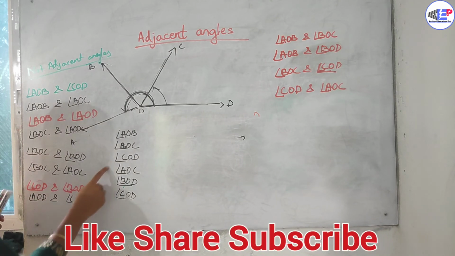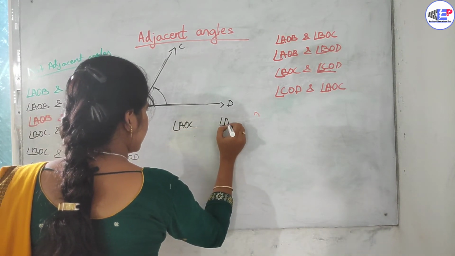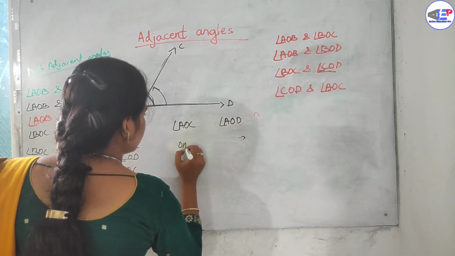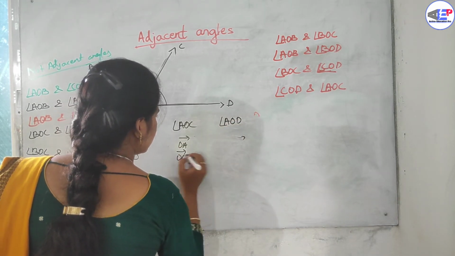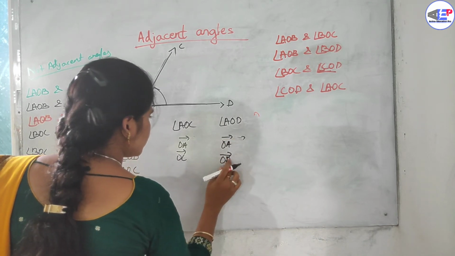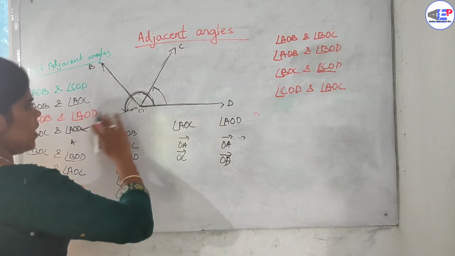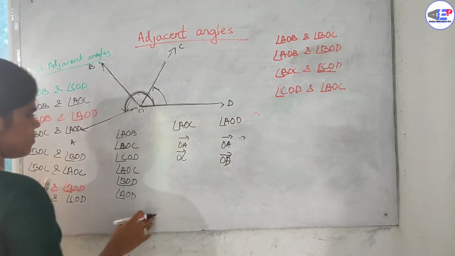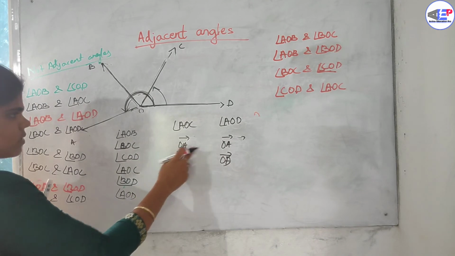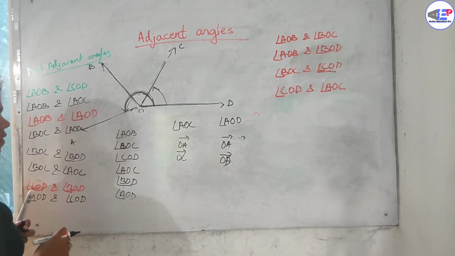Then next we start with AOC and AOD. Here OA and OC are required, and here OA and OD are required. OA is the common arm and O is the common vertex, satisfying the first condition to be a pair of adjacent angles.